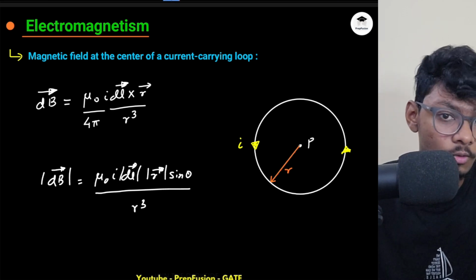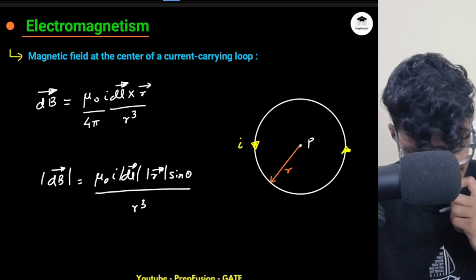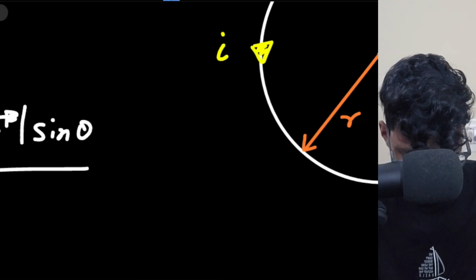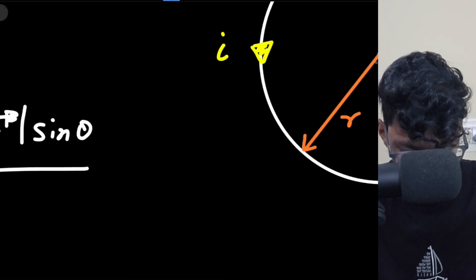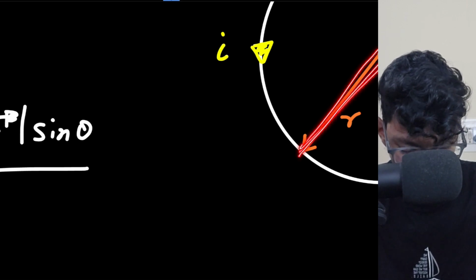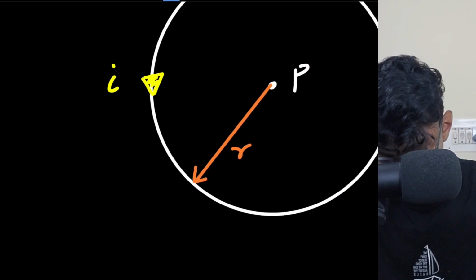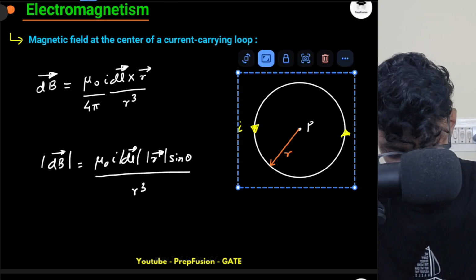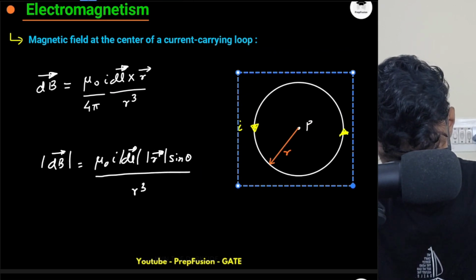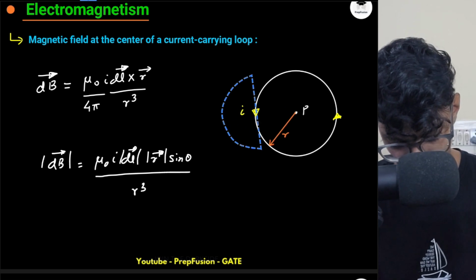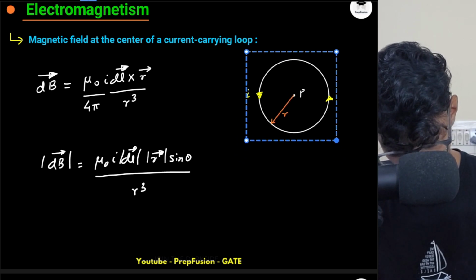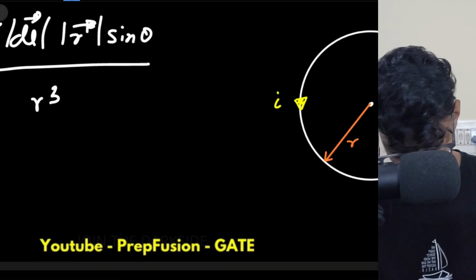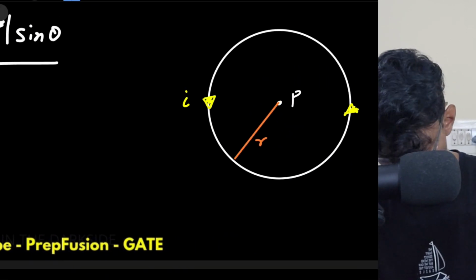Okay, so here what is happening is that if I just take a small segment in isolation and dl cap is in this direction, right? dl will be in this direction along the tangent, and if I just connect this r cap vector, my r cap vector will be in this direction, right? I will just copy this figure and show you one small visualization.